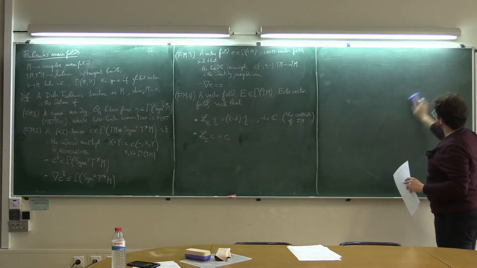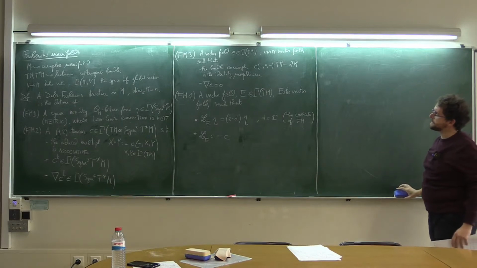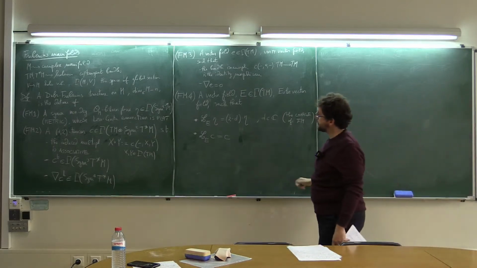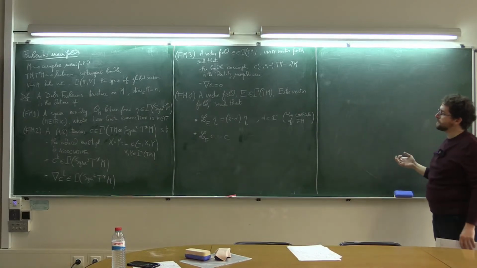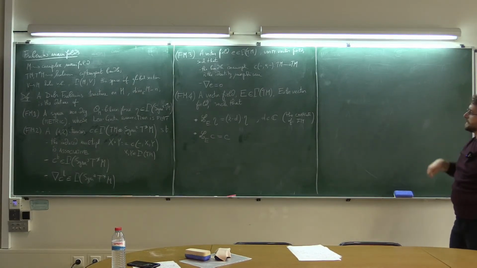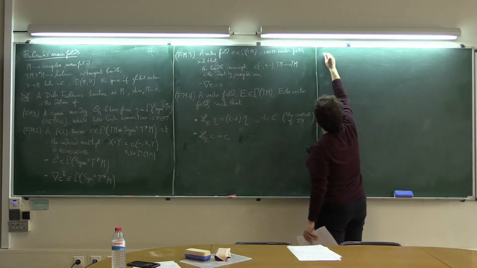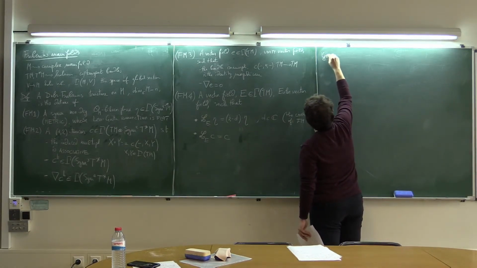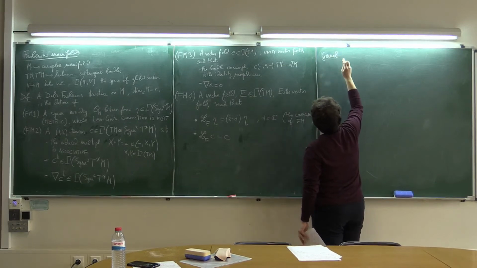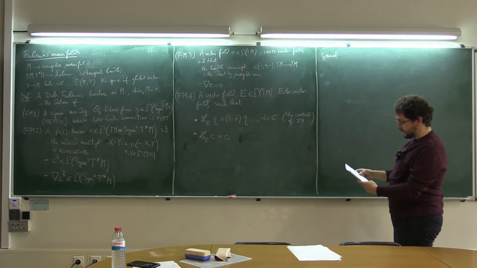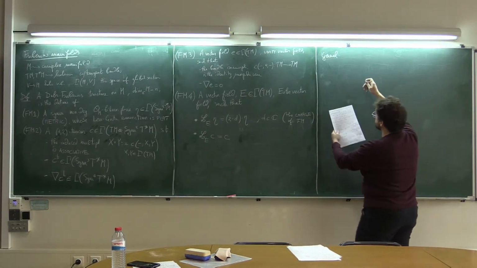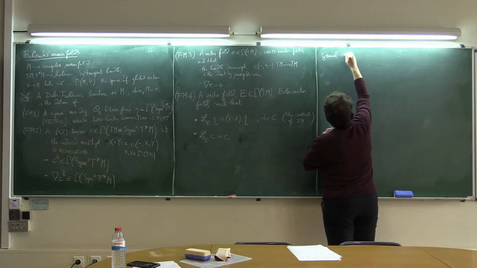One is a flat vector field, the unit for this product, and this mysterious, for the moment, Euler vector field. Let me do some general remarks, comments, or direct consequences of these definitions.